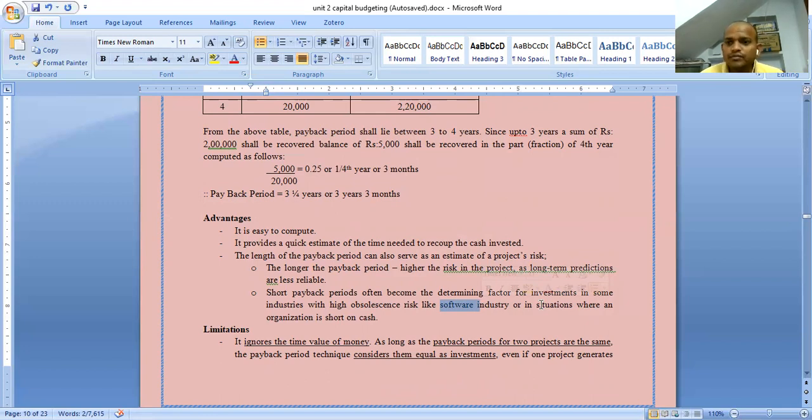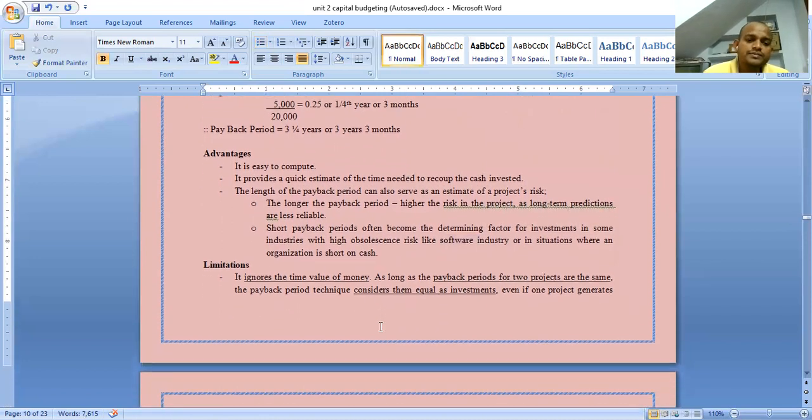Immediately after a few days, the next version is coming. So alterations in hardware, modification, competition, it is very difficult. So always they prefer a shorter payback period.